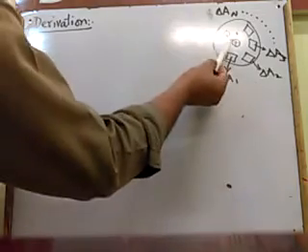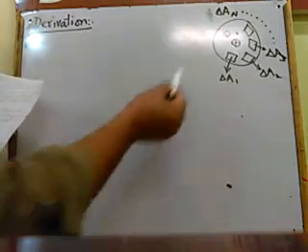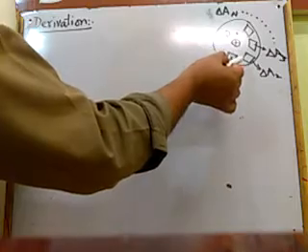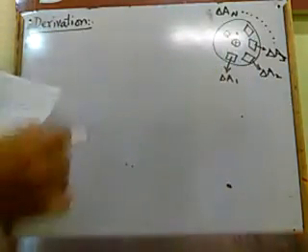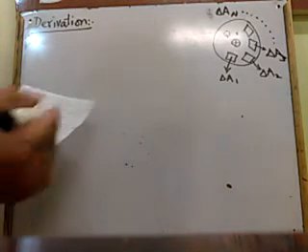Now, as the charge is enclosed by this spherical surface, electric flux of this charge will be passing through each patch of the small area delta A1, delta A2, delta A3, and so on.